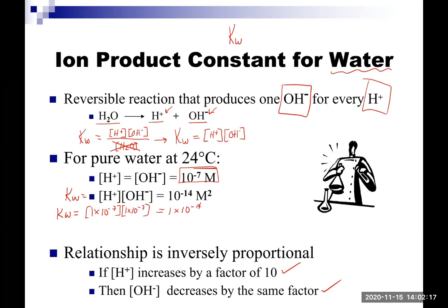Likewise, if we created a 10-fold increase in the OH minus because we added base to our solution at room temp, then the H plus concentration would have to decrease by the same factor. Again, because of this inverse relationship, and because of the fact that water is a constant, and this 1 times 10 to the minus 14 is always going to hold if you're at room temp.